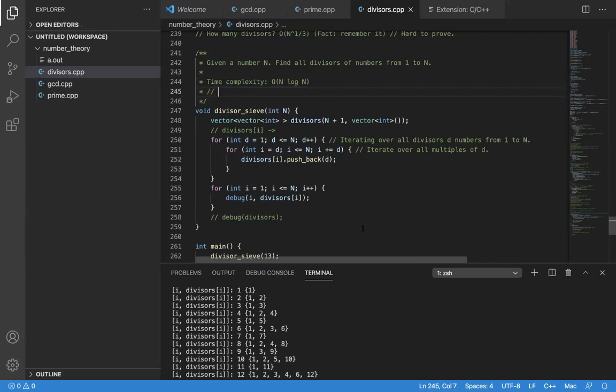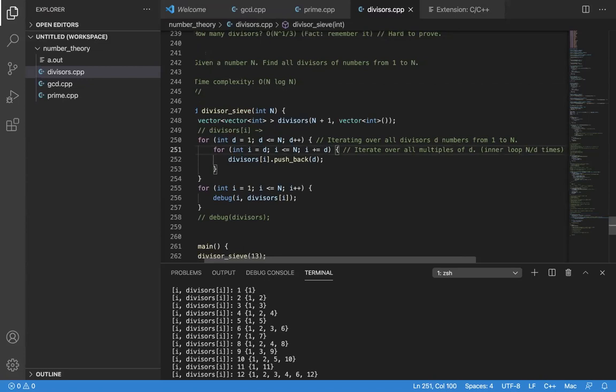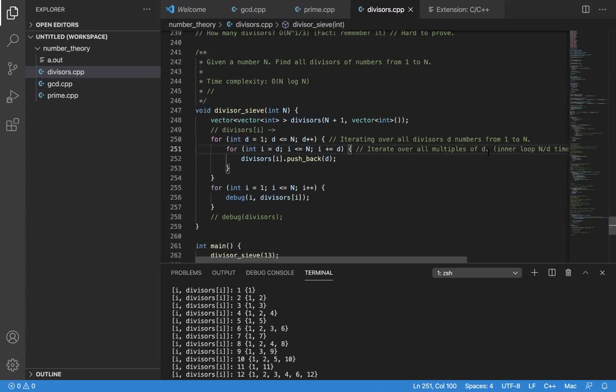For a number d, you are going how many times? n by d times. So this inner loop runs n by d times. Because you are going over multiples of d and there can be only n by d multiples.